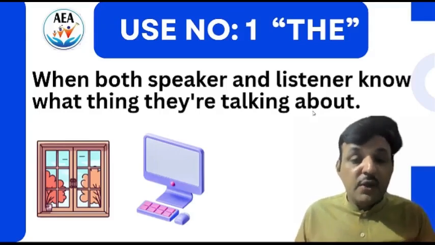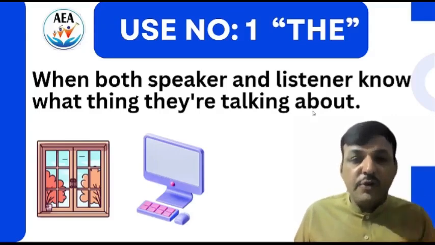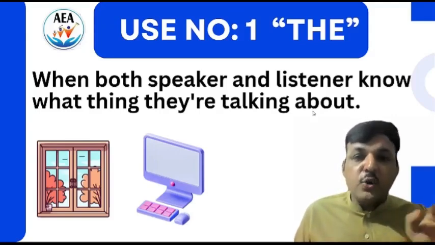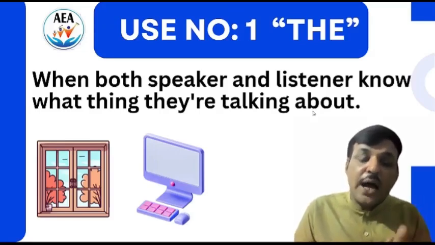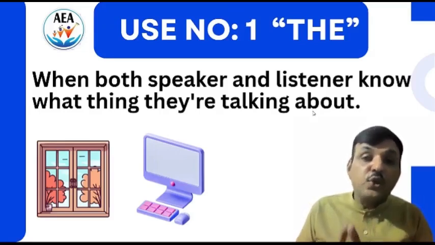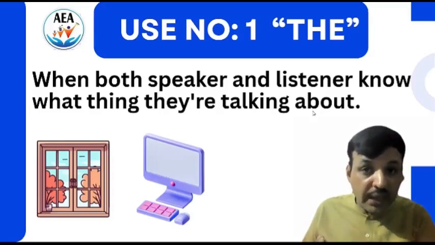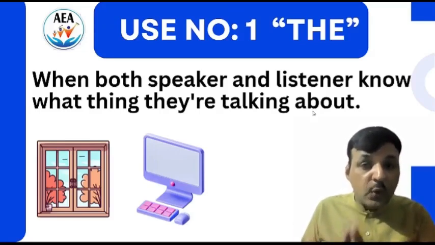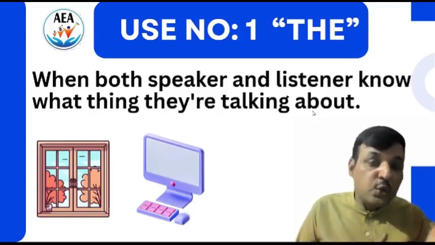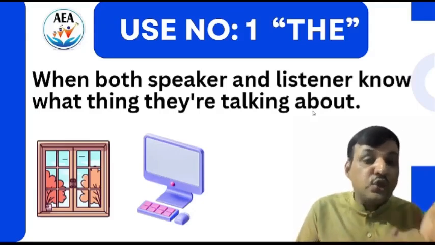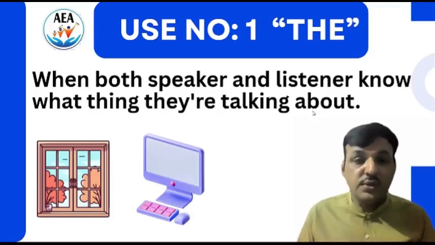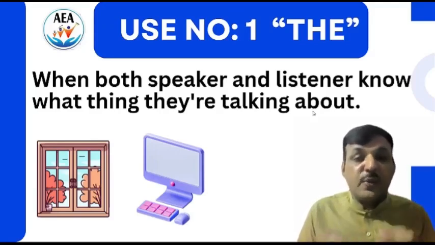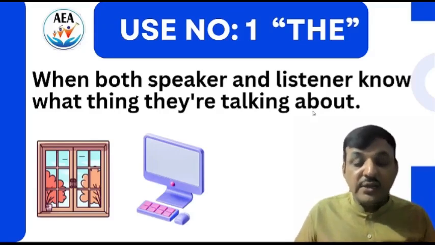Another example: there is a computer in the room and Wahab and Arushe are sitting in the same room. Arushe says to Wahab, please Wahab, can you turn on the computer for me? Wahab knows what computer she is talking about, and she knows what computer she is talking about. So to make it specific, we use the article "the".